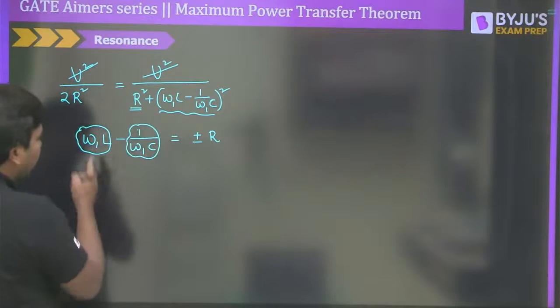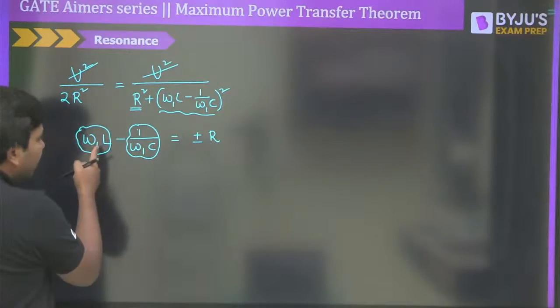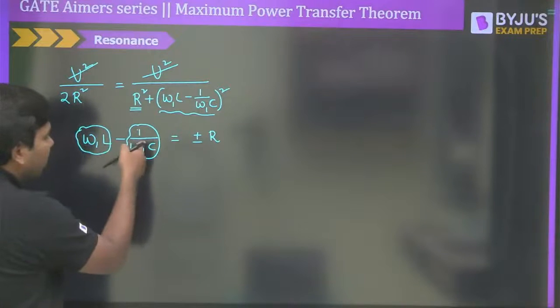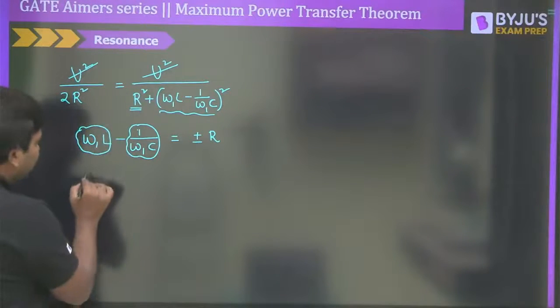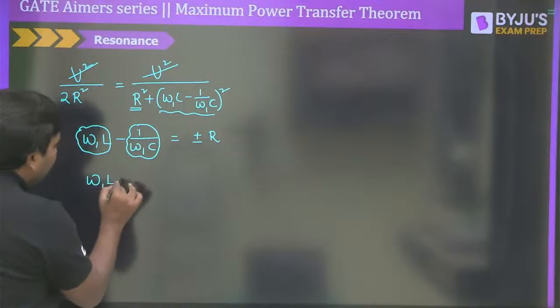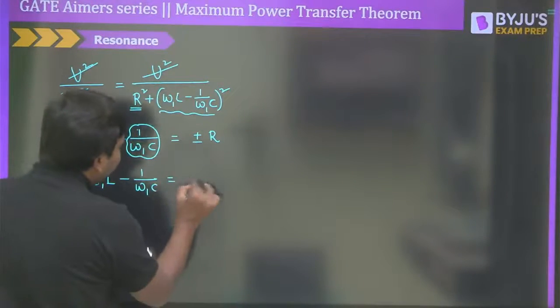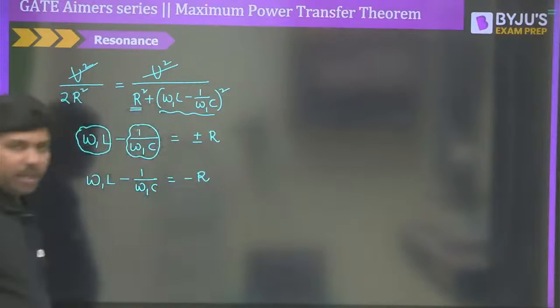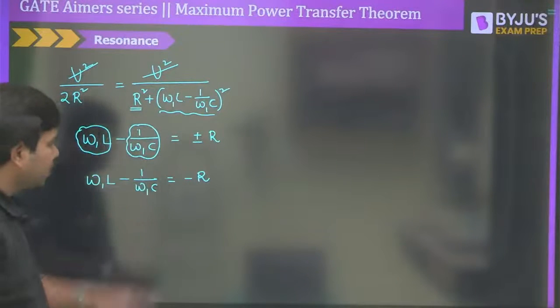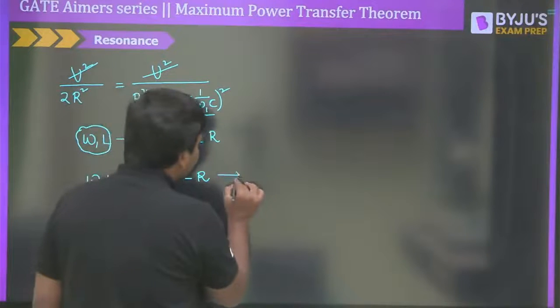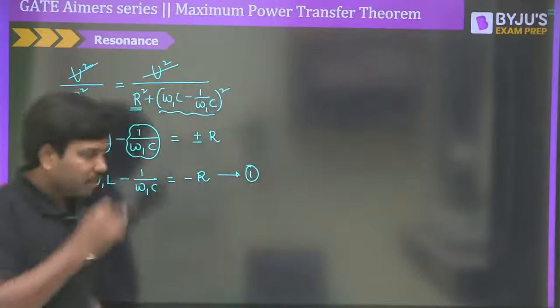That means omega 1 L is less than 1 by omega 1 into C. That means I can say confidently that omega 1 into L minus 1 by omega 1 into C will obviously become minus R here. Clear? Minus R. This is the first equation one must keep in mind here.